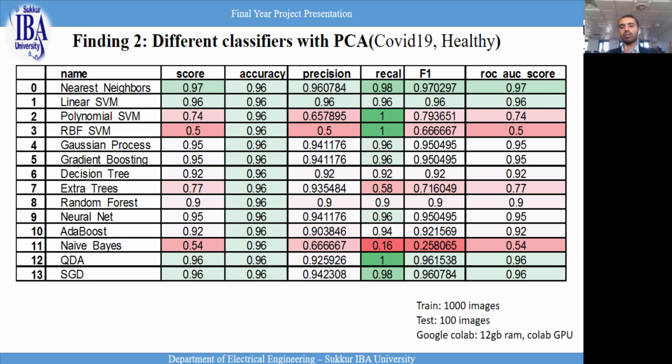The maximum accuracy score is 97%, where k nearest neighbor is performing well, and the maximum recall is 1, for polynomial SVM and RBF SVM. We have kept the same number of images as in the previous model.